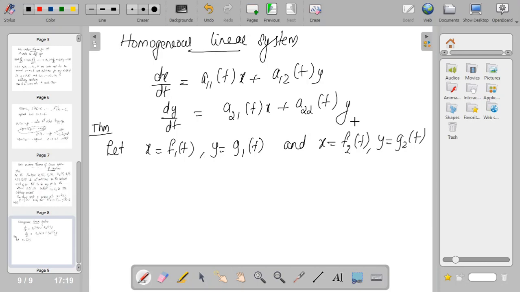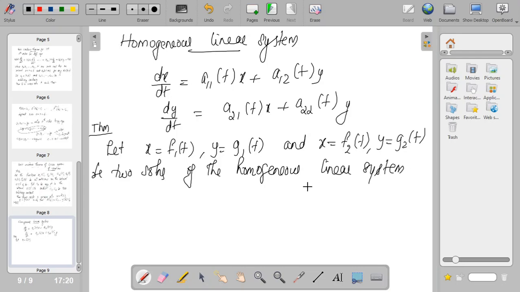So now we will look at how to form a linear combination. So let x equal to f1, y equal to g1, and x equal to f2 and y equal to g2 be two solutions of the homogeneous linear system, and let c1 c2 be two arbitrary constants.